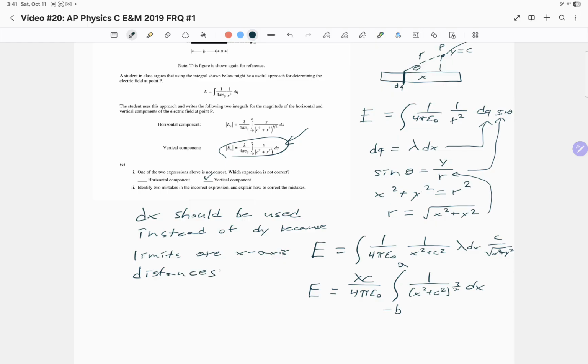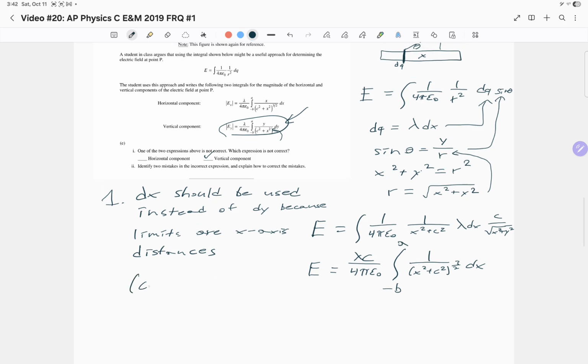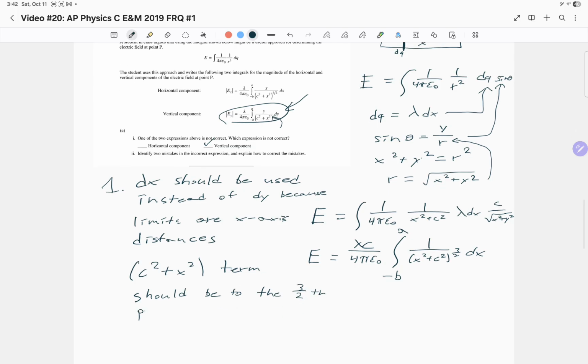And also, that's number one. Number two is, if you look here, it's not to the power 3/2. The x squared plus c squared term should be to the 3/2 power.